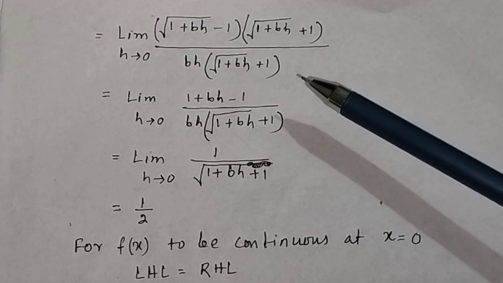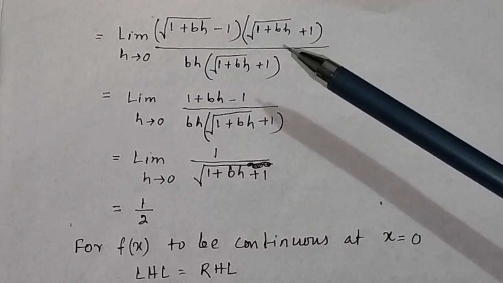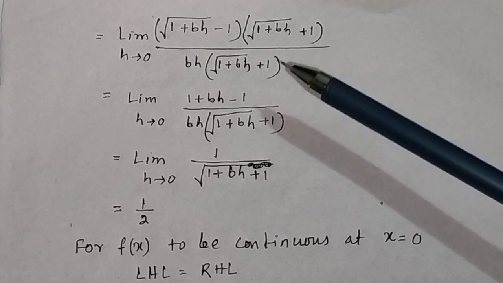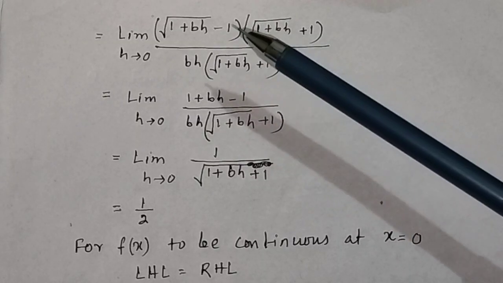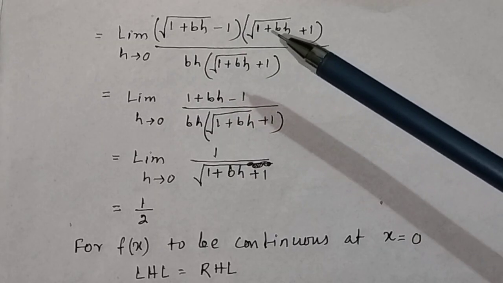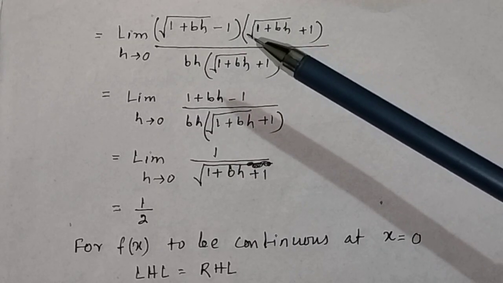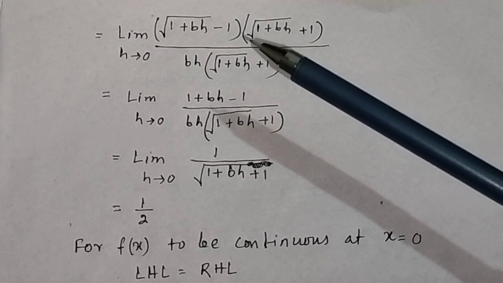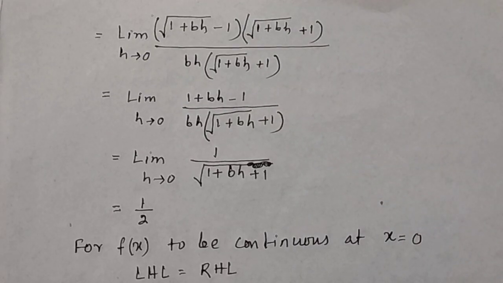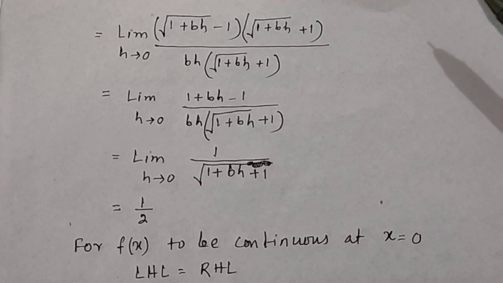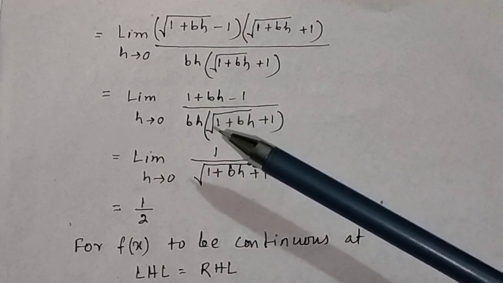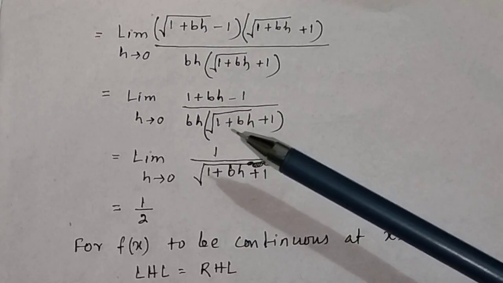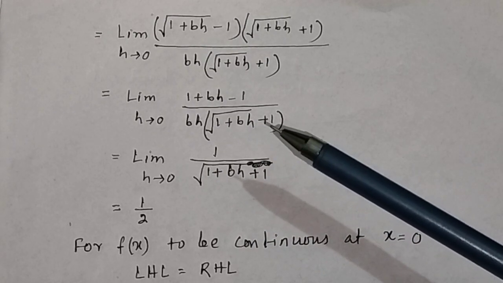Now you multiply by square root of 1 plus bh, plus 1, in the numerator and in the denominator. So in the numerator you have the relation a plus b into a minus b, that is equal to a square minus b square. So in the numerator you have 1 plus bh minus 1, in the denominator you have bh into (square root of 1 plus bh plus 1).